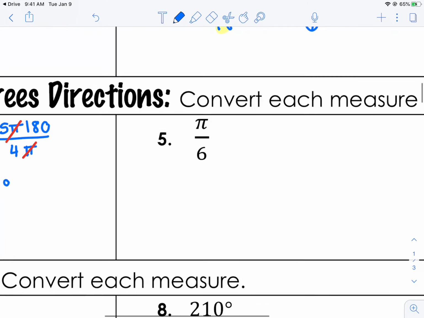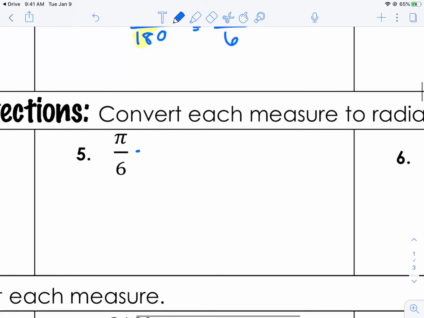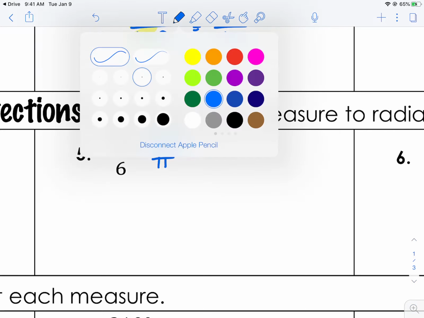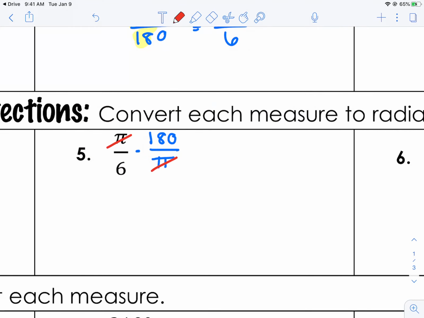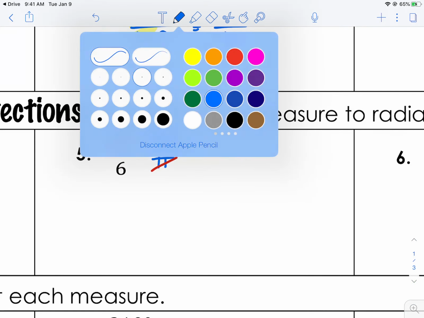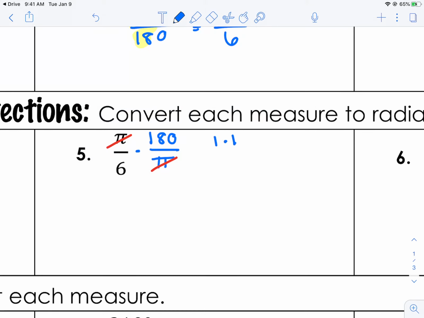All right, so the next one, I'm going to multiply by 180 over pi. The pi's will cancel out. So that's just 1 times 180 over 6. And that gets me 30 degrees.